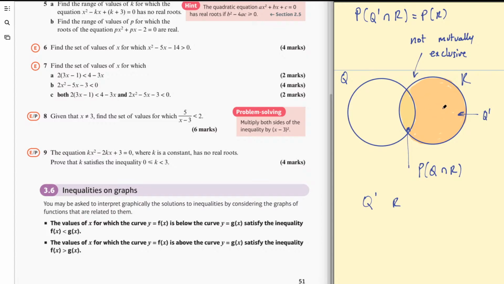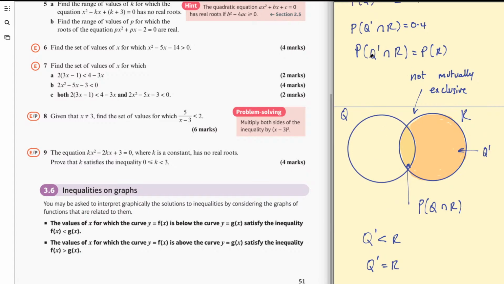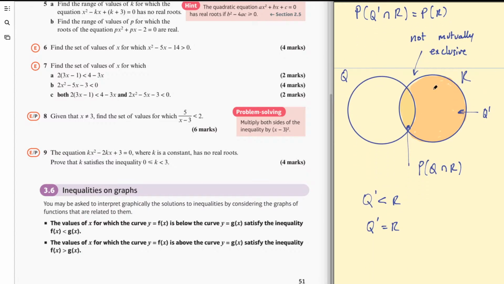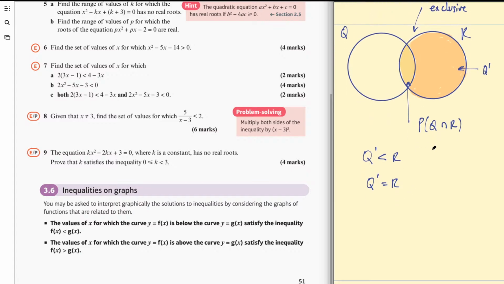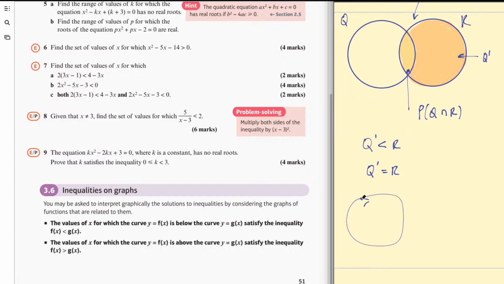This orange space is less than the orange plus the yellow, which is the entire set of R. So at the moment, when they're not mutually exclusive, the complement of Q is less than R. If we say then that the complement of Q is equal to R, which we had up here, then that means that they must be like this.